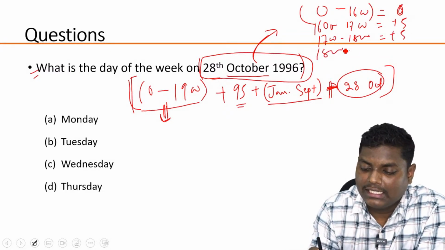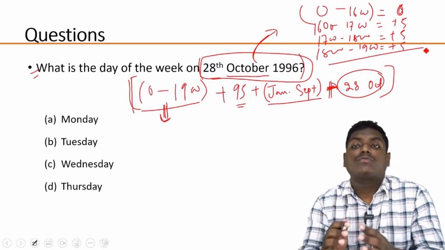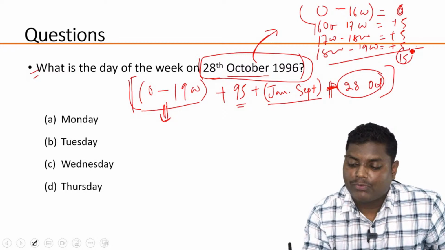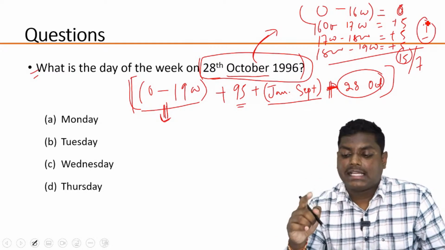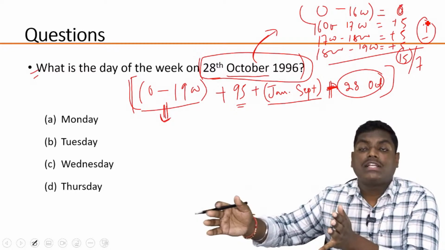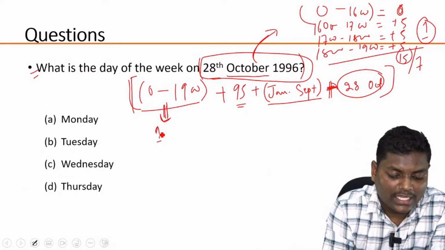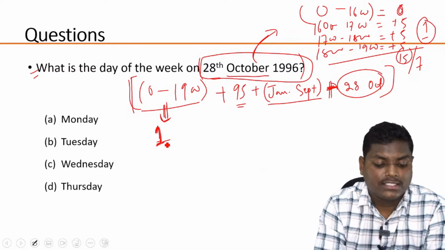Then 1800 to 1900, the number of odd days will again be plus 5. So from 0 to 1900, the total number of odd days will be 15. Now if you divide it by 7, the remainder will be 1. So this 15 days is 2 weeks plus 1 day extra. So in 0 to 1900, there will be 1 odd day. This is important. 1 odd day.